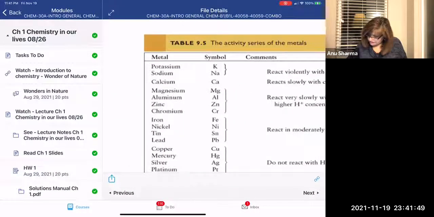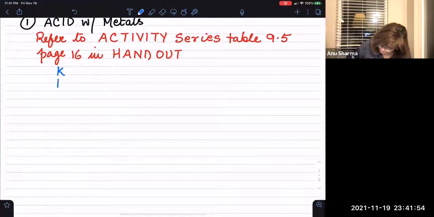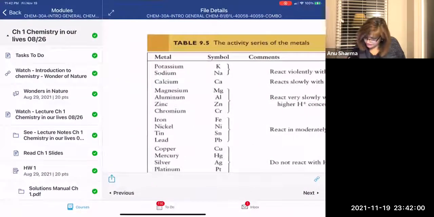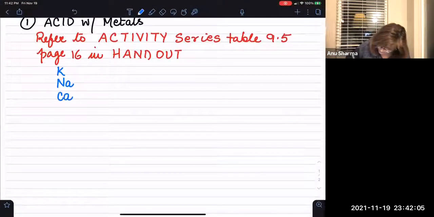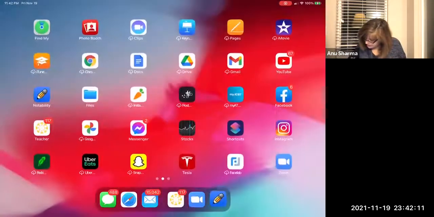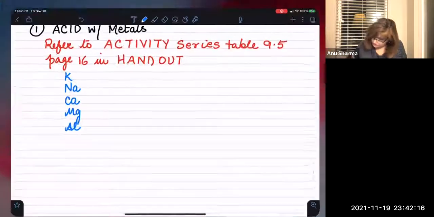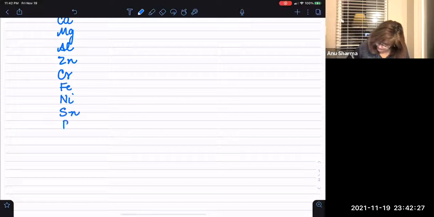Potassium, sodium, calcium, magnesium, aluminum, and after that, zinc, chromium, iron, nickel, tin, and lead.